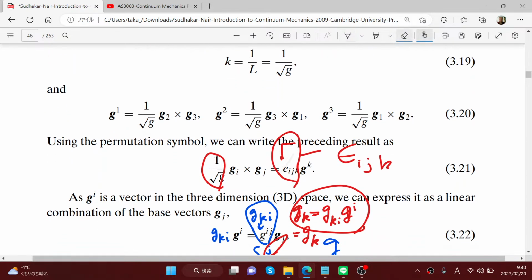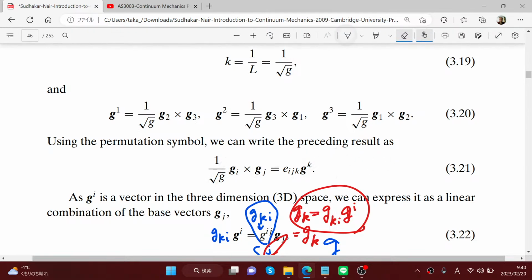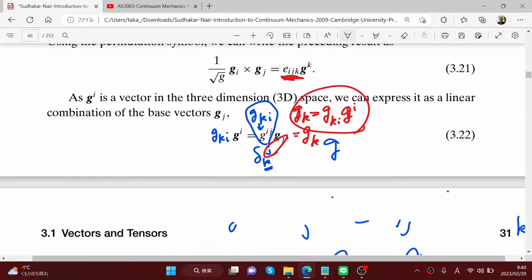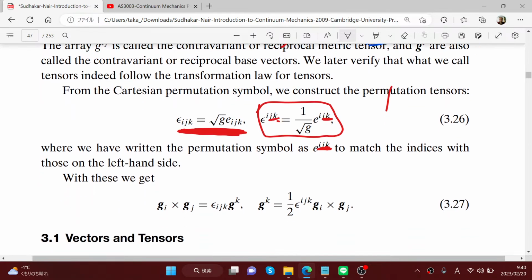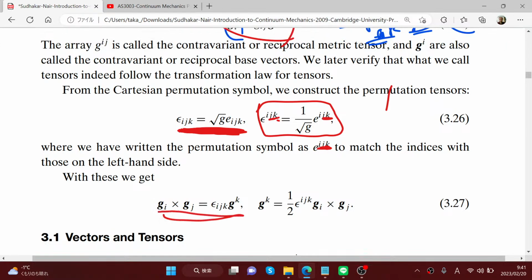Here we introduced downstairs indices, but then here, this is already introduced. We have done down indices, then you have up indices, then you have this anti-symmetric tensor. But now he will also want to introduce this pattern.